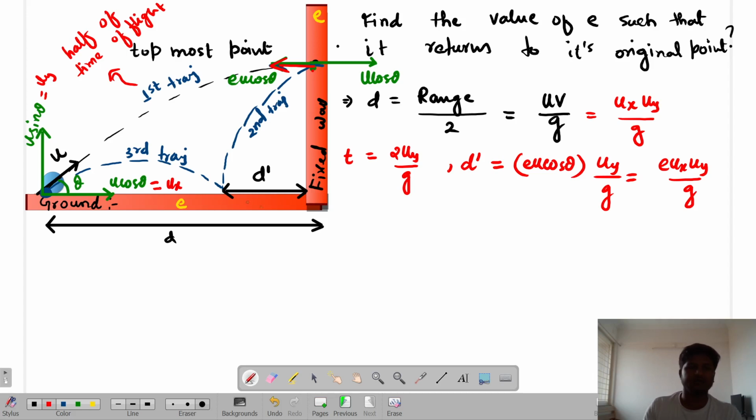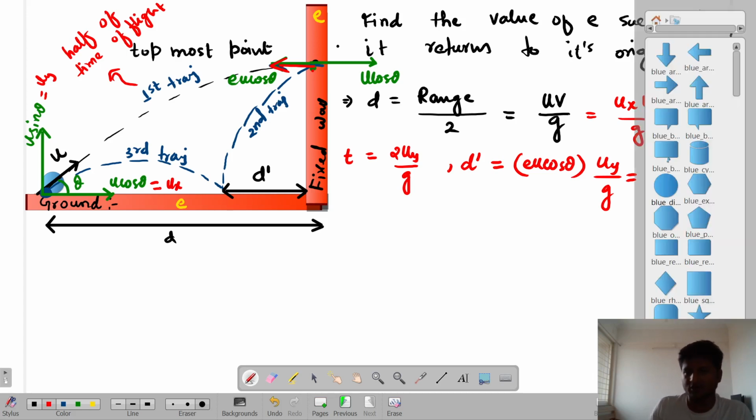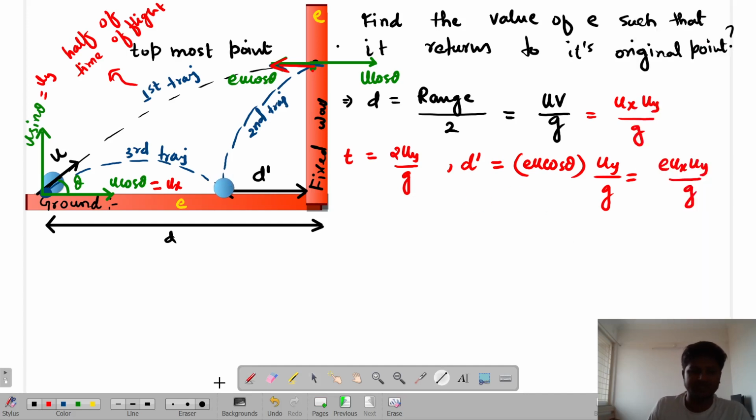Is that clear? Now, when the ball falls over here, you see that this velocity is known to us. Well, this velocity will now change. Previously it was u sin theta. Now it will be e times uy.